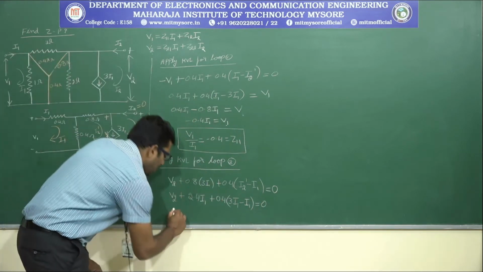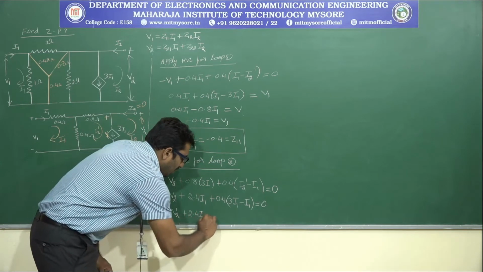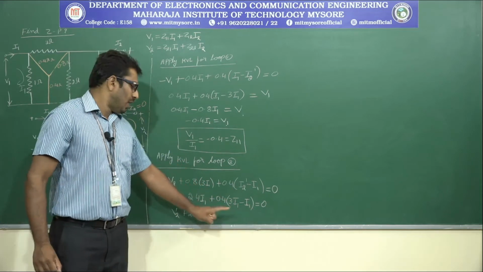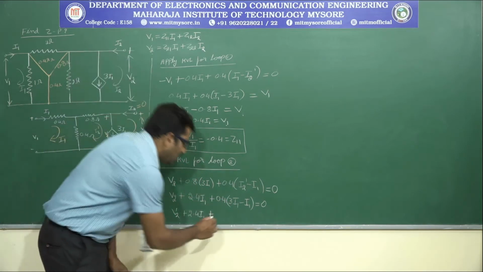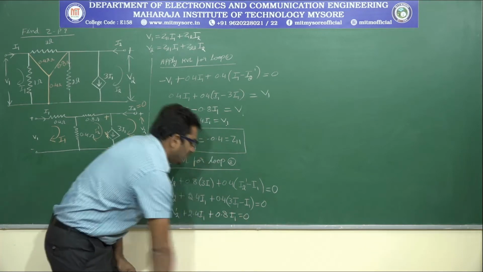Next, one more step. V2 plus 2.4 I1 plus, what is 3I1 minus I1? 2I1. 2 into 0.4, 0.8 I1, that is equal to 0.